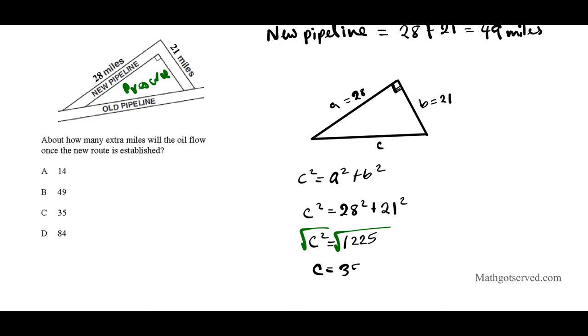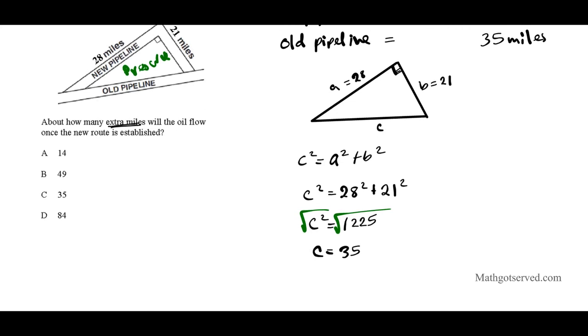All right, so the old pipeline is 35 miles long. All right, so let's be careful with what the question asks us. It said, how many extra miles will the oil flow in the new one? So the extra miles is simply the difference.